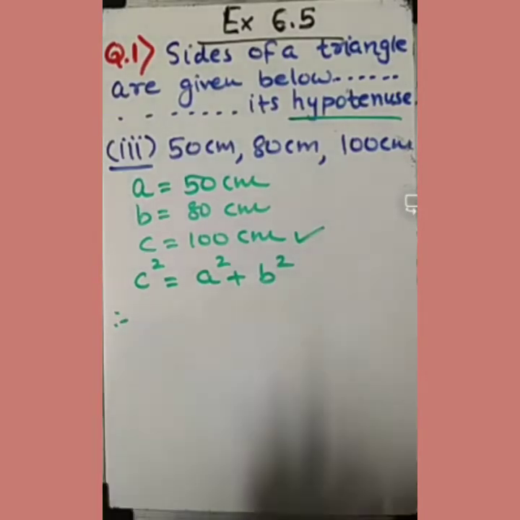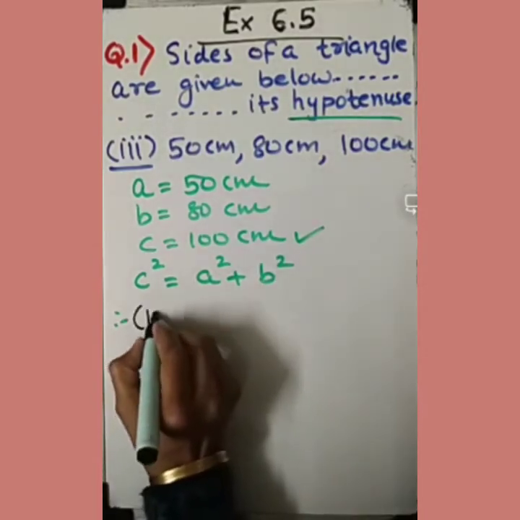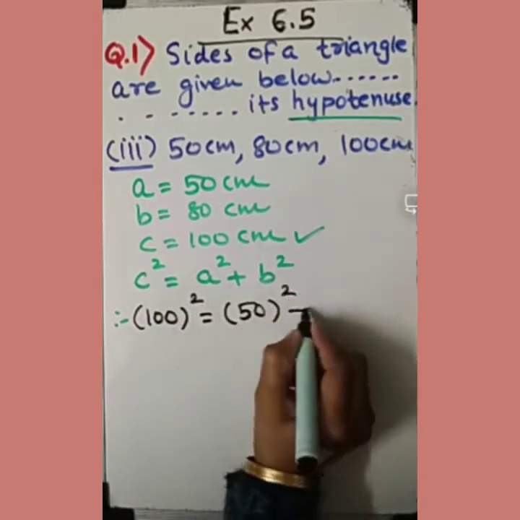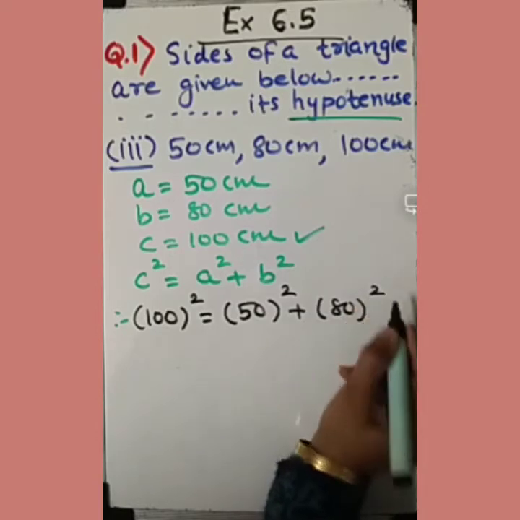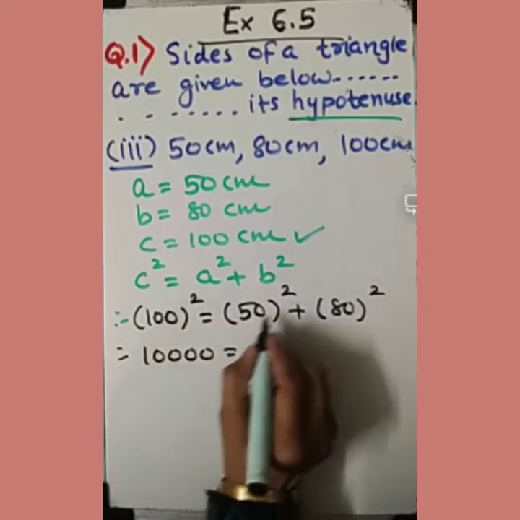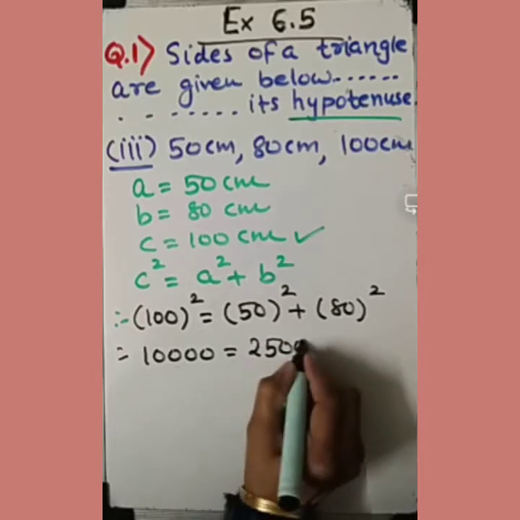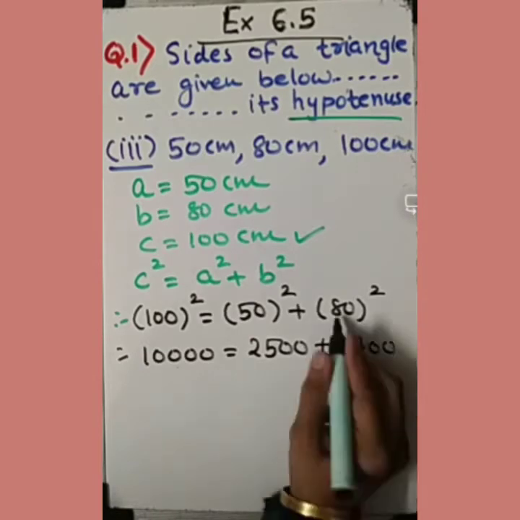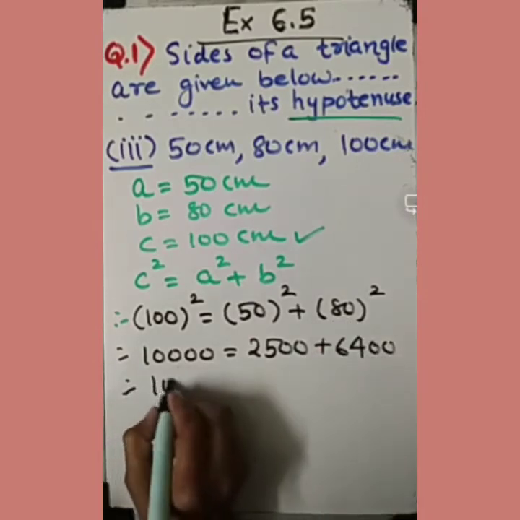Let's check what is the square of 100, and this is 50, and of course this is 80 square. 100 square is 10,000. Fine. 50 square is 2500. Of course, 80 square is 6400. 8 8s are 64. So let's check the sum of this.